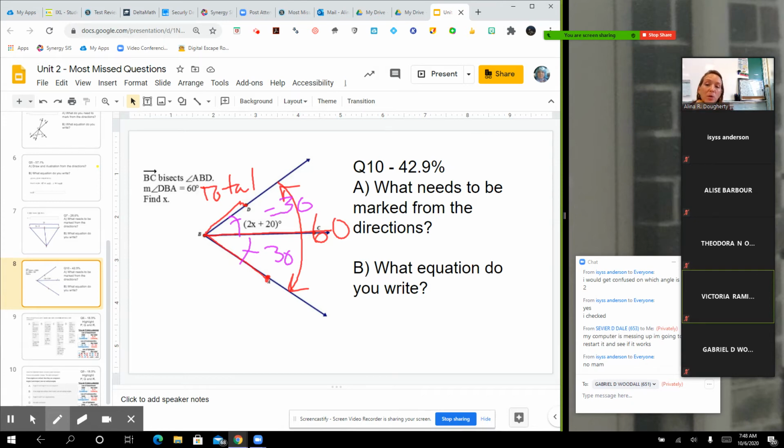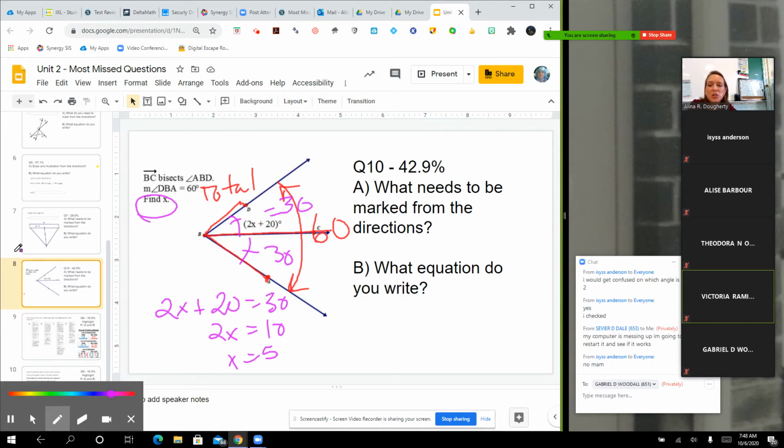So the most simple equation to use is 2x plus 20 equals 30. And then you would subtract 20 from both sides, and we get 2x equals 10 and x equals 5. And thank goodness they're asking us for x, right? Nicely done. Thank you. Any other questions on part 2?